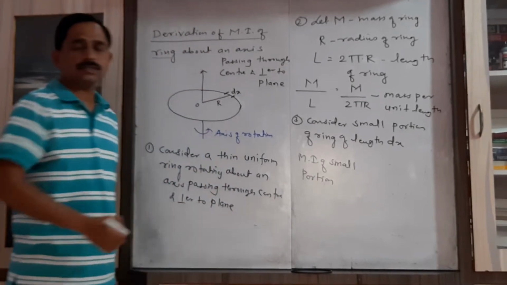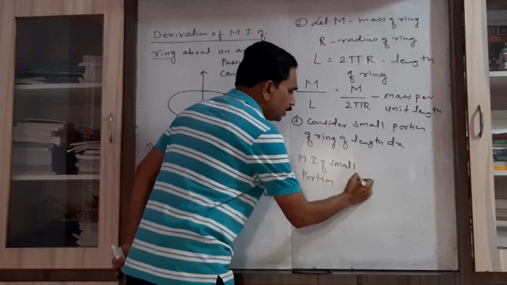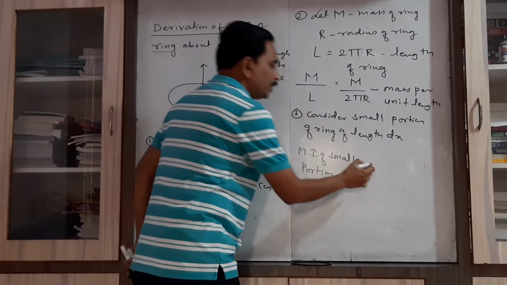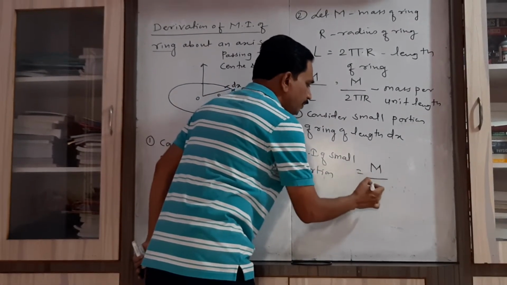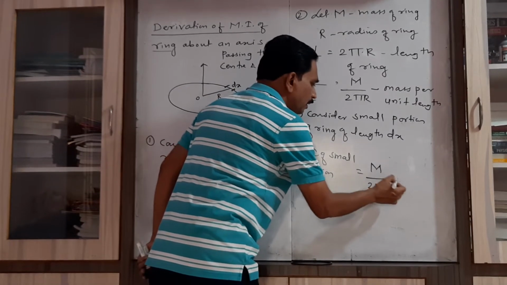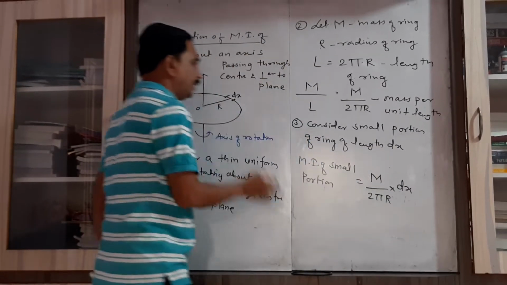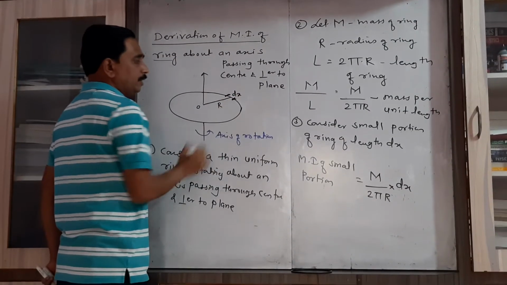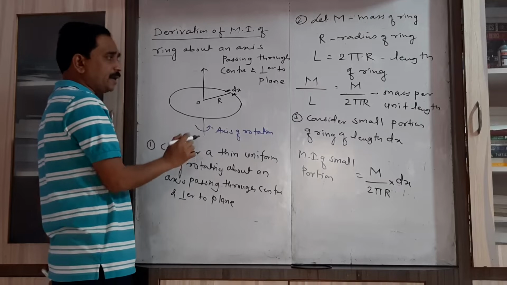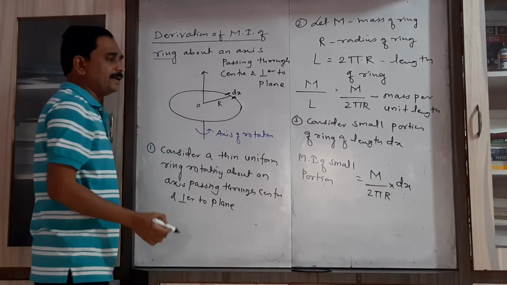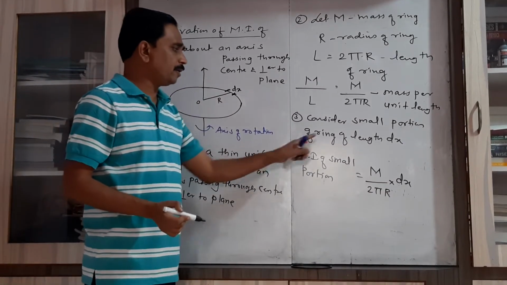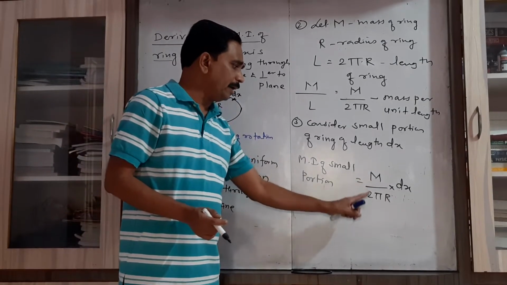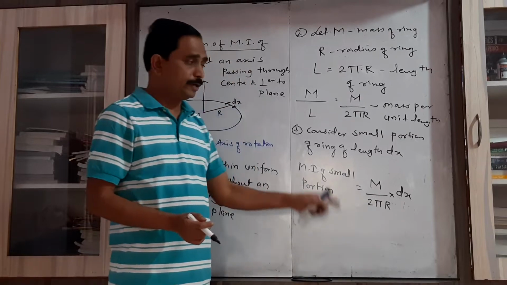The moment of inertia of a small portion is equal to the product of mass, that is, mass per unit length into the length under consideration. We consider the small portion of that ring having the length dx. So the moment of inertia of a small portion is equal to M upon 2 pi r into dx.